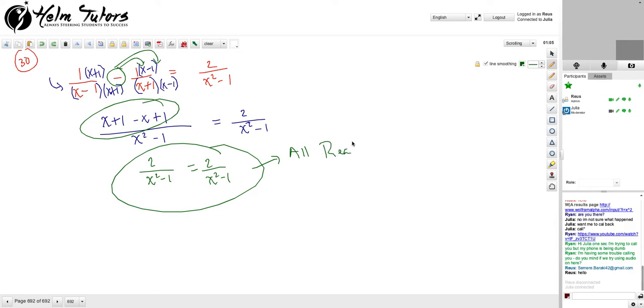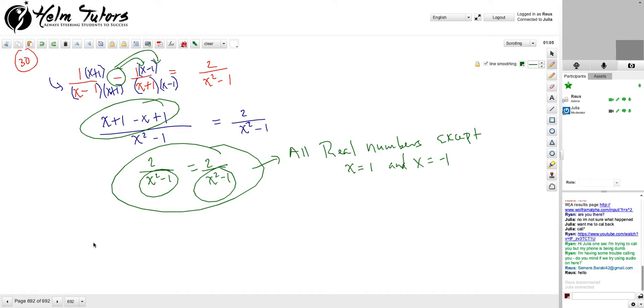Actually, all real numbers except for 2 real numbers. What 2 real numbers must we exclude? Yes, x equals 1 and x equals negative 1, because they both make the denominator 0, and so both the left and the right side would be undefined quantities.